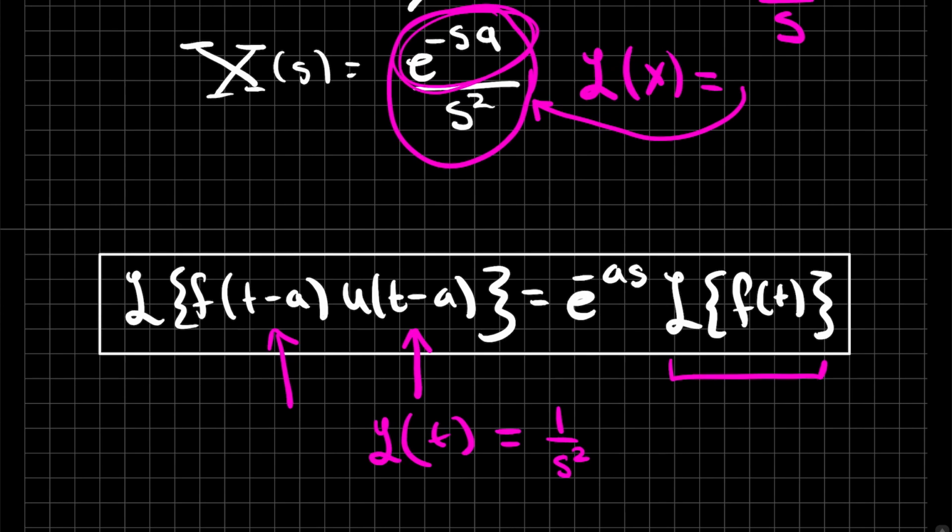So let's go ahead and try to plug things in so that we get what we want. So let me start erasing some items here. We want this s here.